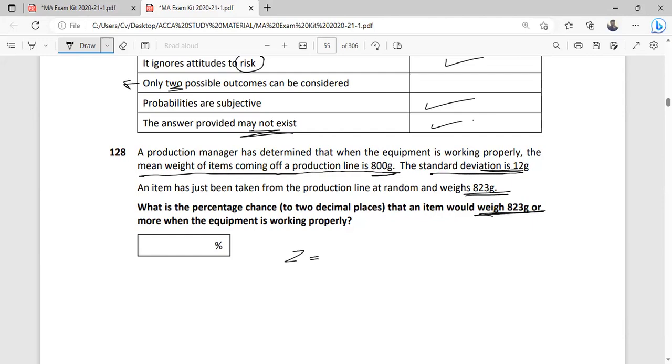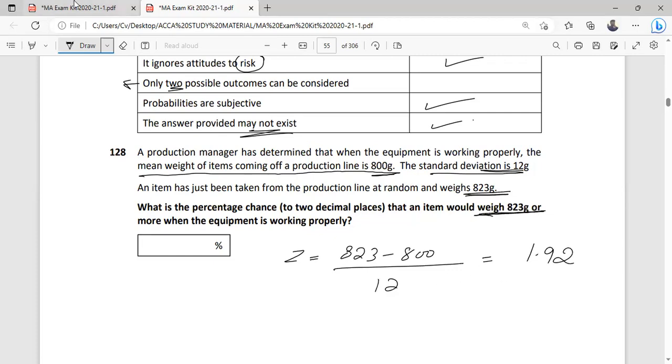So we will calculate first of all Z. Z is equal to 823 minus mean 800, divided by standard deviation, which is 12. So the value of Z is 1.92.